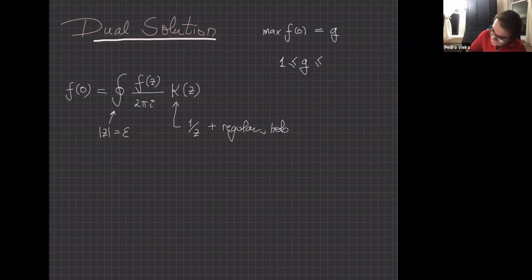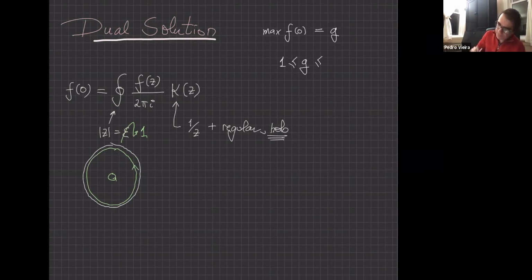But if the function is holomorphic in the disk, I can change this contour from a contour around epsilon to a contour around 1. I can go to a contour on the boundary of the unit disk. So instead of integrating around epsilon, I integrate around the boundary of my unit disk, or right close to the boundary.